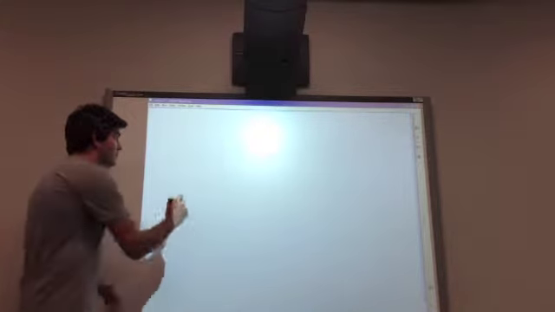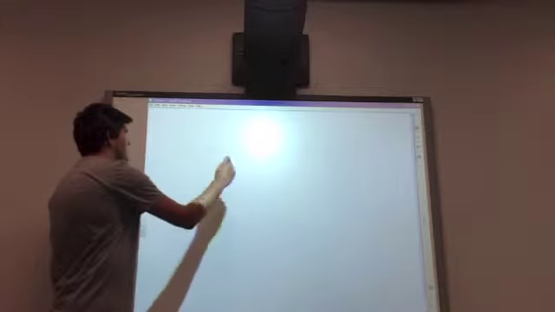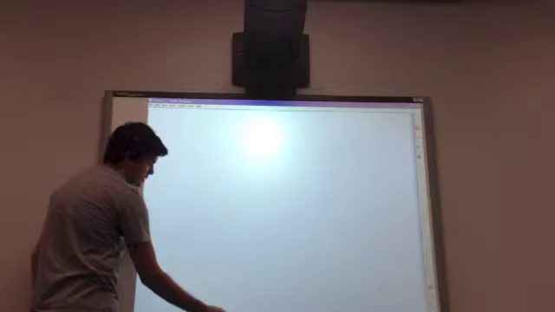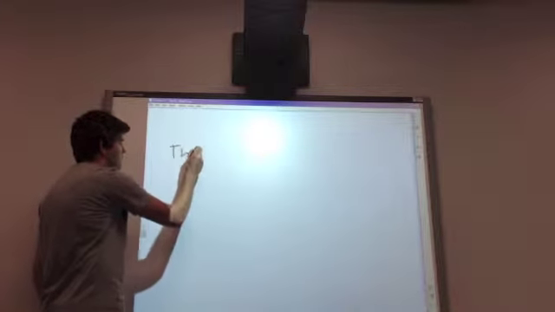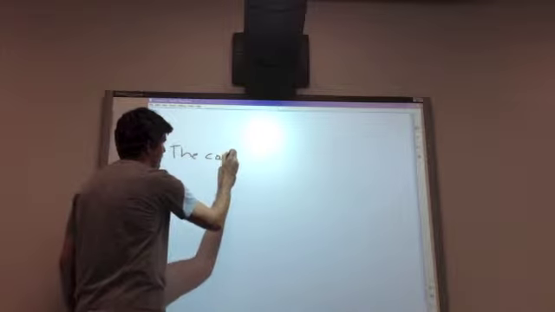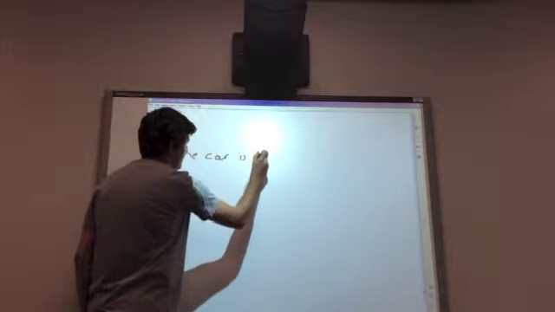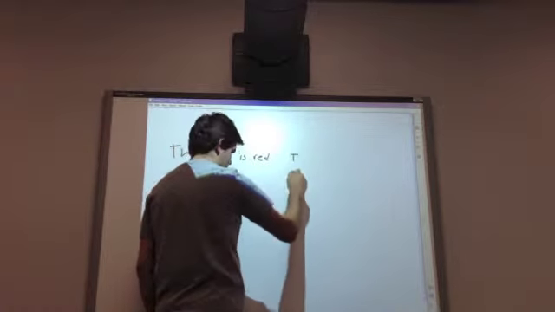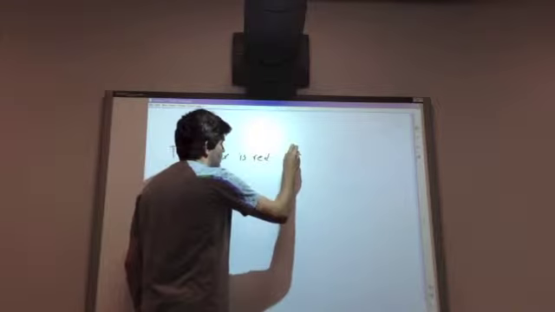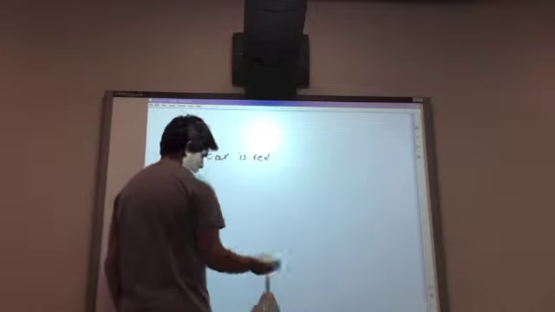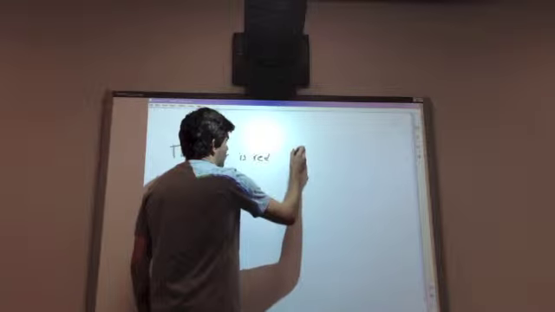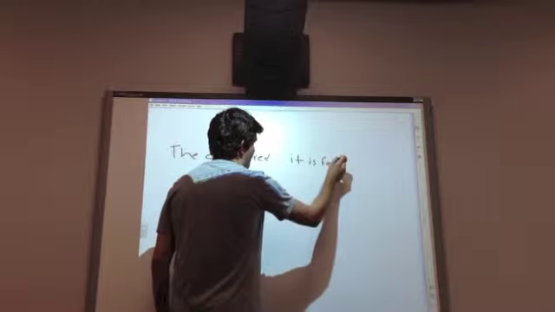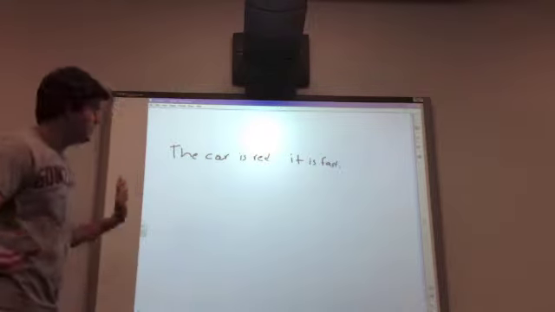So I'll start with the semicolon way. So if I have two complete sentences, and they have to be complete sentences, I'll just say the car is red. Just a really basic, simple sentence.